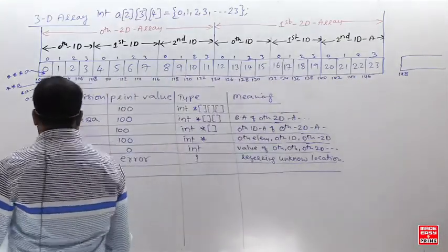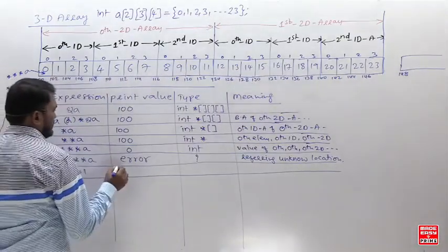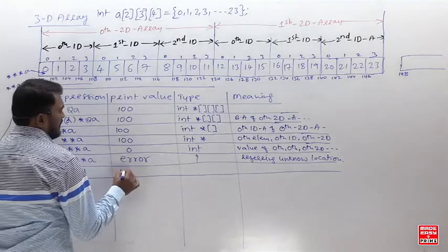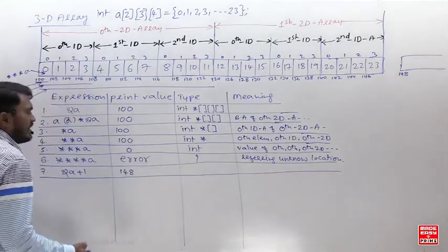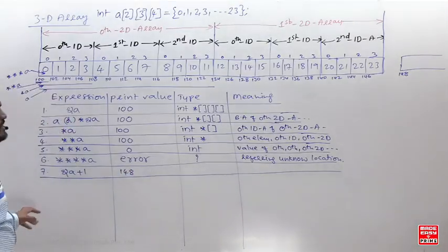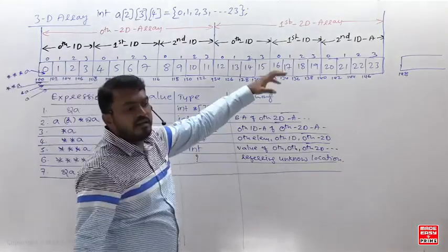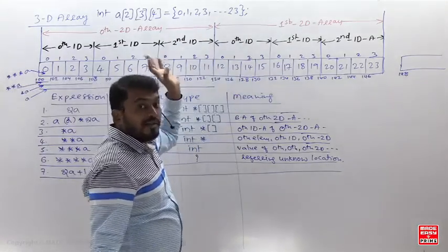Excellent. You are giving right. So it will print 148. So ampersand A means it was pointing to the entire 3D array.